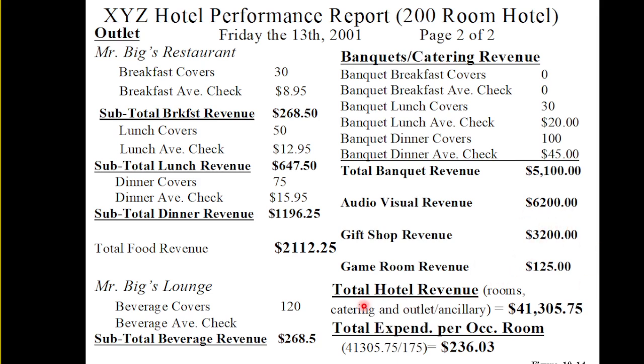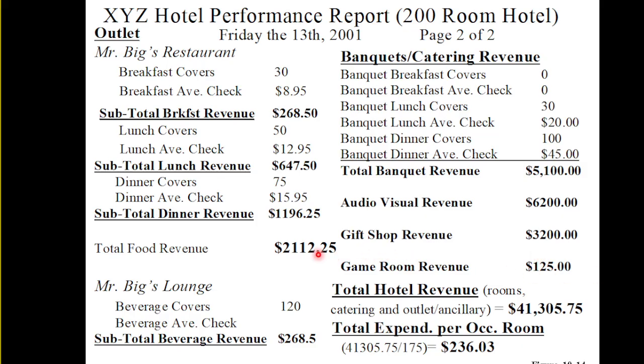So all you need to do is to get the total hotel revenue. How are you going to add this? Add everything. For rooms we have $24,300.